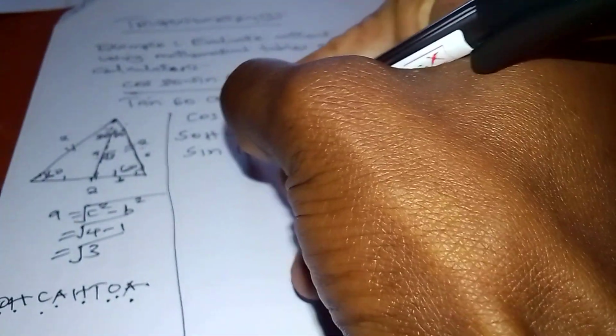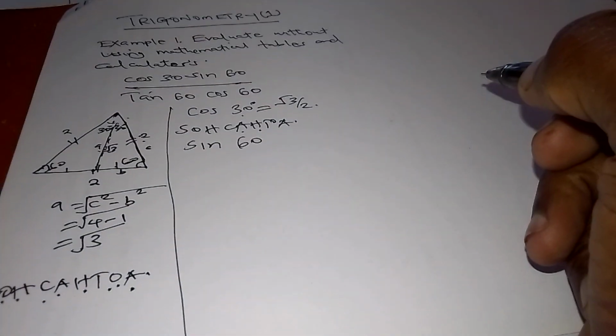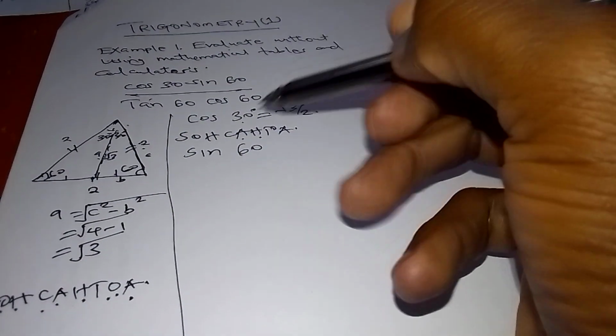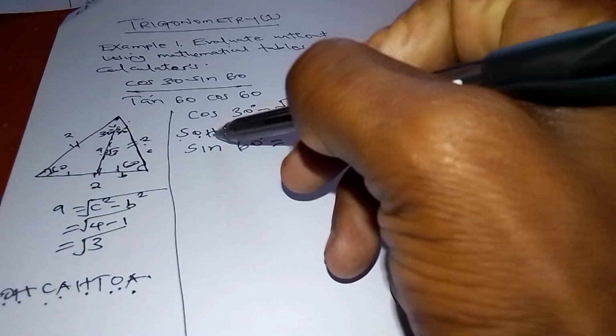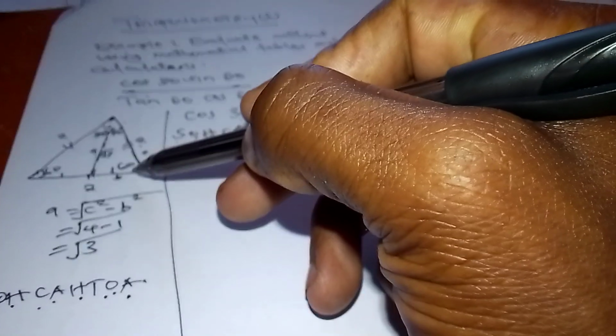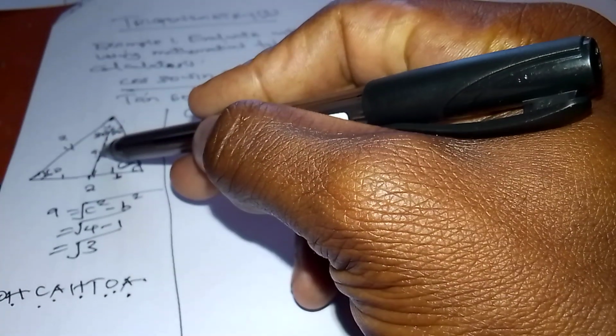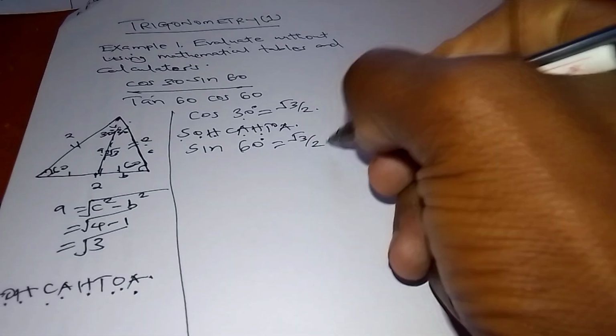So root 3 all over 2. Cos 30 is root 3 all over 2. Then we go to sin 60. Sin is equal to opposite over hypotenuse. Come to where 60 is. Opposite is root 3, hypotenuse is 2. Root 3 all over 2.